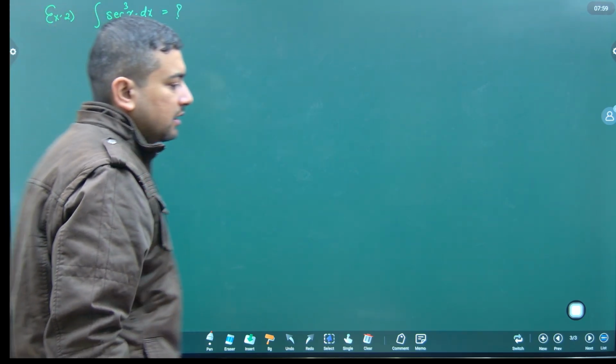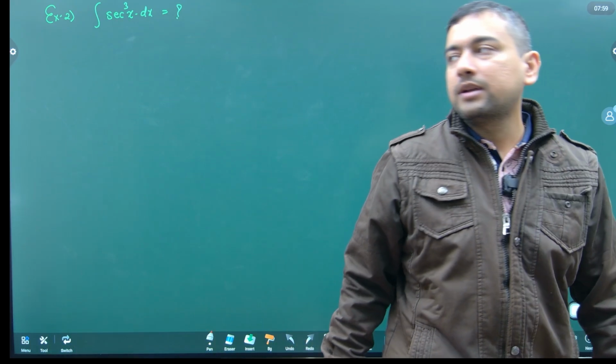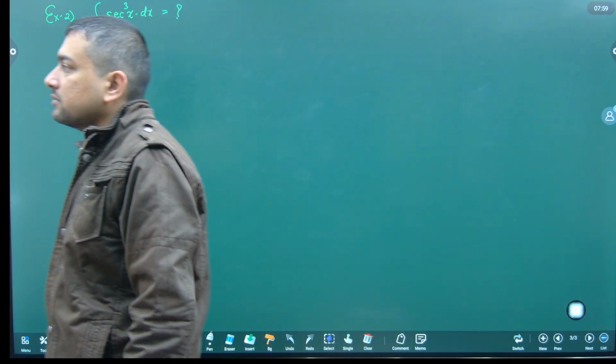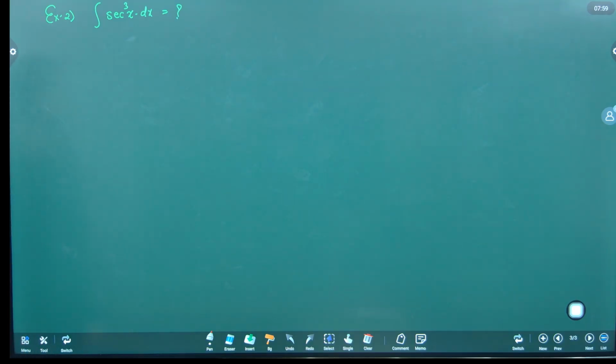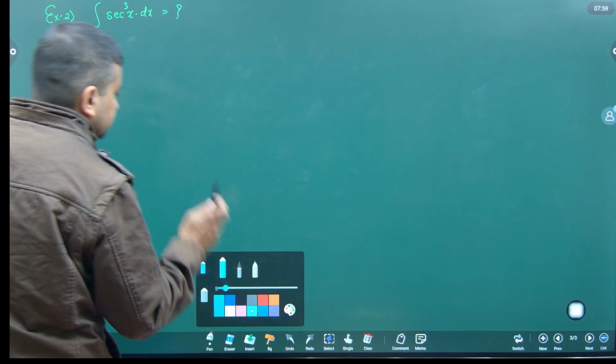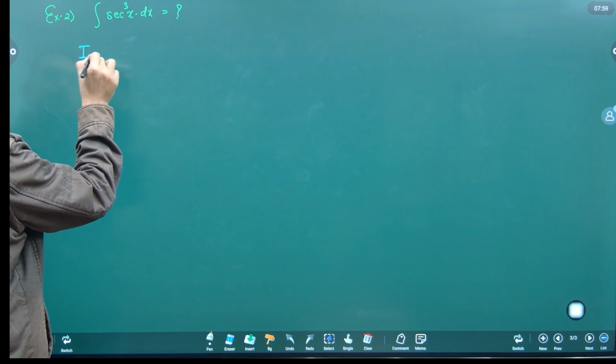Alright, you can pause the video and try integral sec cube x dx. Okay, see here how you will get the integral of this. So what do we need to find out?